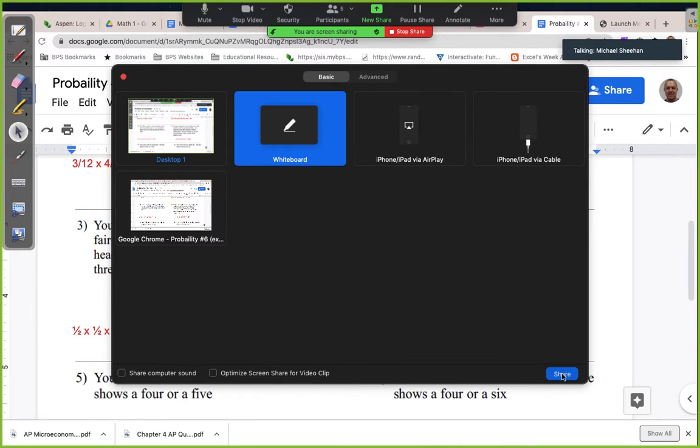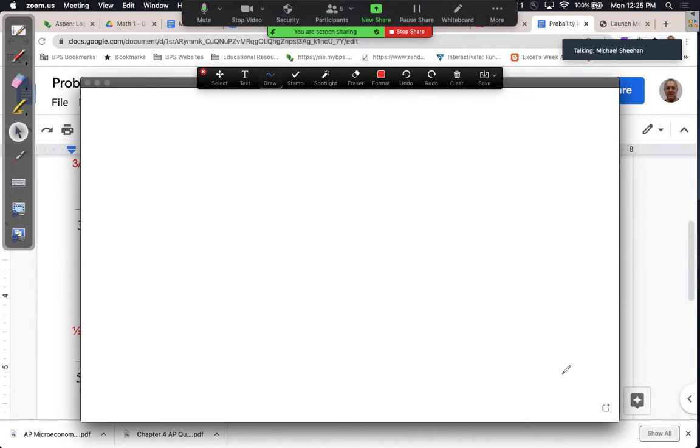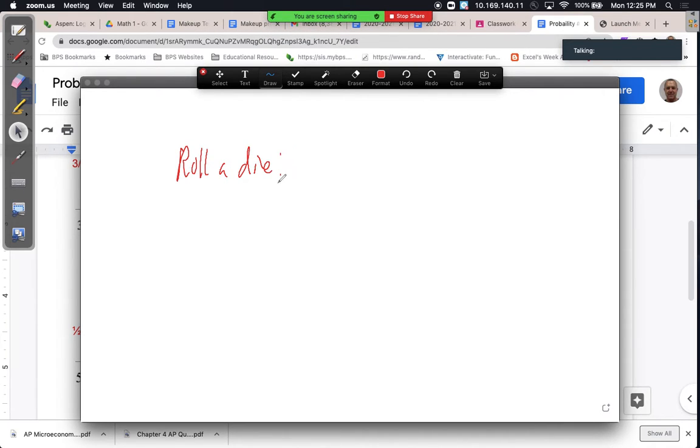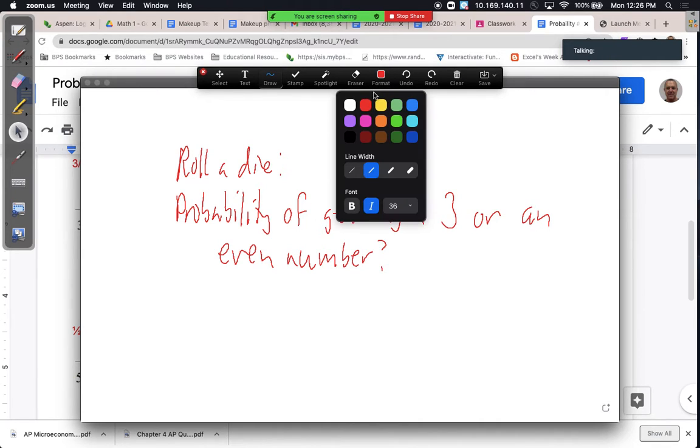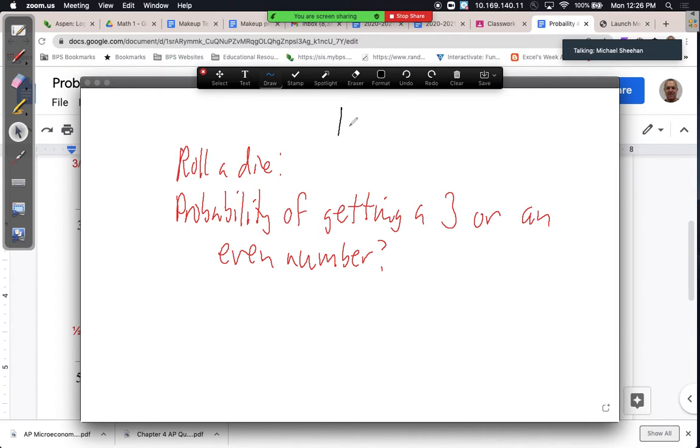Let's say that I roll a dice and I want to get, what's the probability of getting a 3 or an even number? All right, well, let's think about what kinds of numbers we can get when we roll a dice.